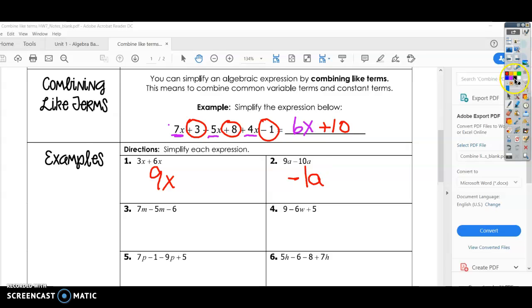Example 3 has 7m minus 5m, so I'm going to have 2m. Negative 6 does not have a variable with it, so it stays separate. On number 4, the 9 and the 5 do not have variables with them, so you're going to combine the 9 and the 5. So I'm going to get 14. Even though the 9 is first, we usually put the variables first and then the number at the end.